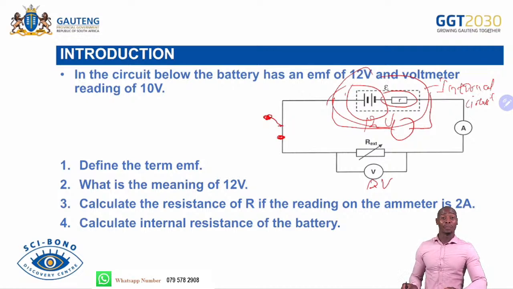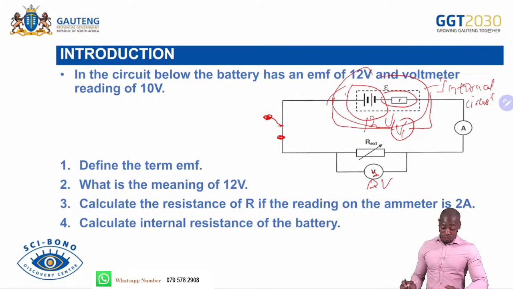So you're having an open switch, so obviously there is no flow of current. Let's say this is your V1, and then maybe this one would be your V2. So you're having V1 across the terminals of the battery, and V2, which is across that external resistance.